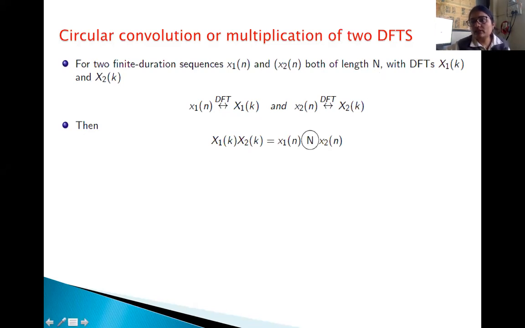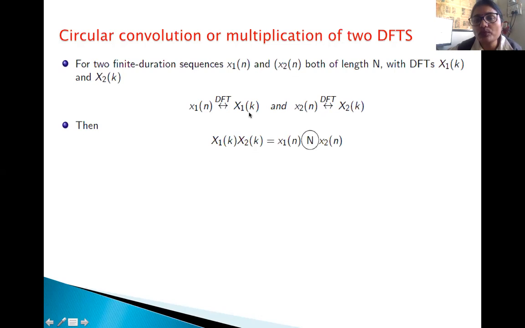Then the second sequence we have considered is x2 of n. Its corresponding N point DFT, as the number of points present in x2 of n is equal to N, will also have N DFT values.